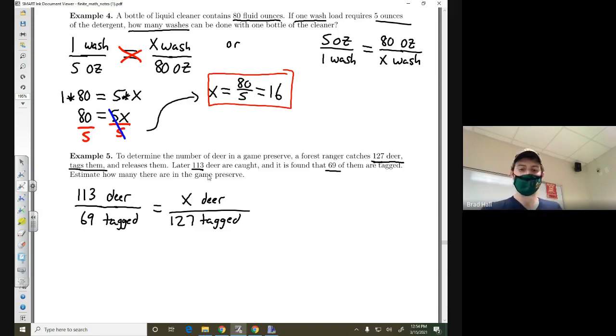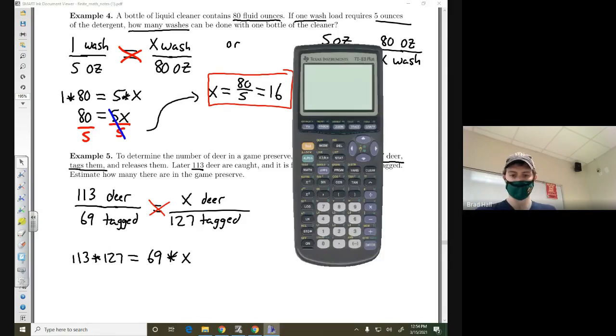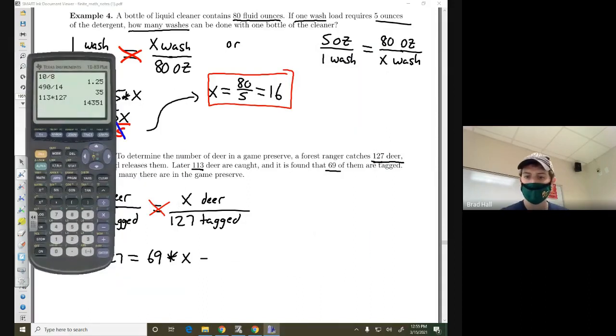And from here, cross multiply and all of that stuff. 113 times 127 is equal to 69 times x. I can clean this up a little bit. 113 times 127 is a fairly large number.